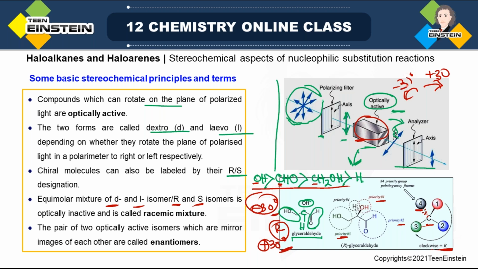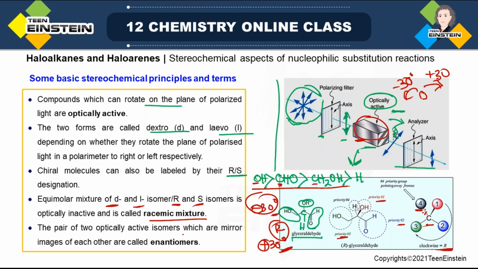As a result, they will cancel each other. Ultimately, the net result is 0. That means they are racemizing each other. But if it is not 50-50, suppose R is present at 60% and S at 40%, it will not balance each other completely. In that case, it is not racemization. But if it is a 1:1 amount, it will be a racemized or racemic mixture.